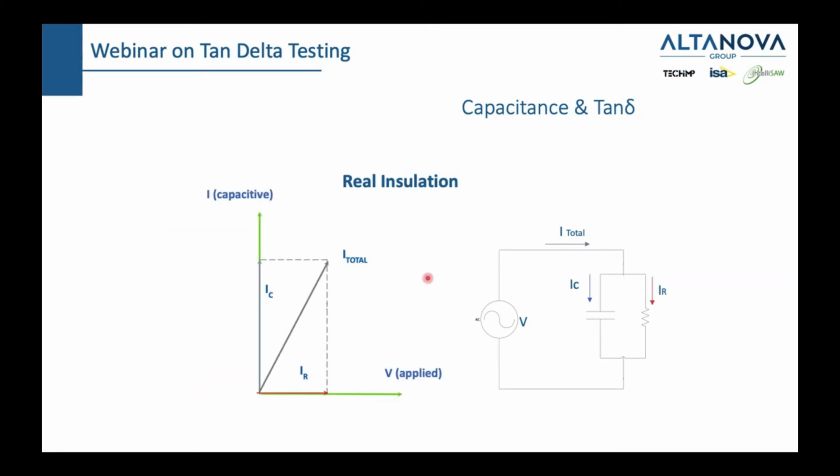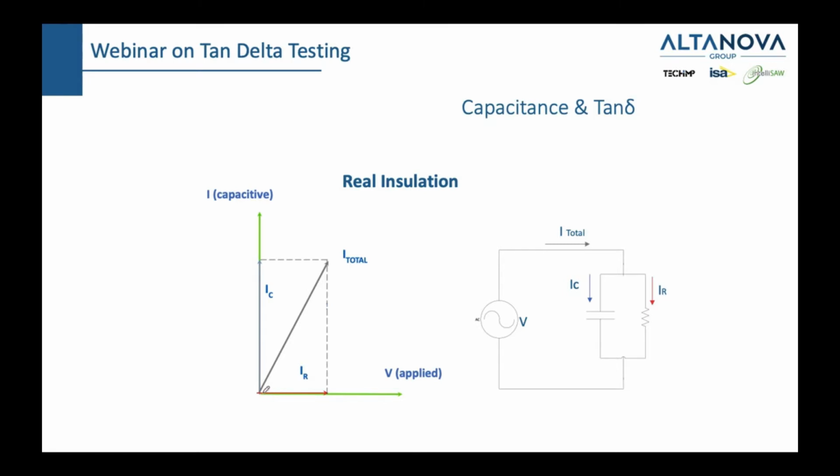And this is how you would draw this in a Cartesian system. You would have an IC here and IR here. Now, I would like to draw one thing for you. Of course, in this case, we made IR very big, just for the sake of correct definition. But what is important to say is that, as we mentioned before, IR is very, very small.